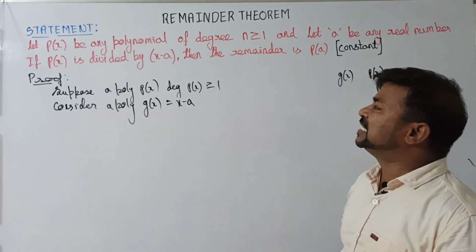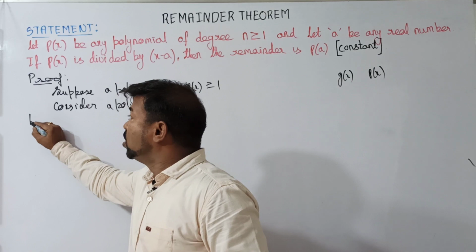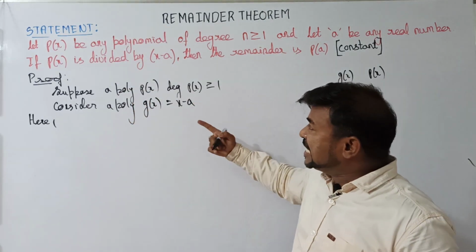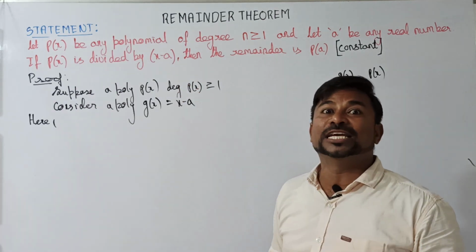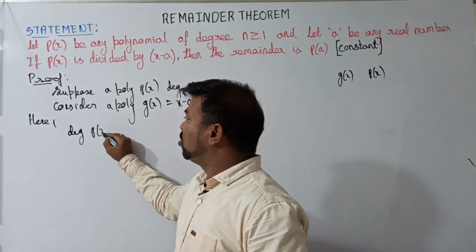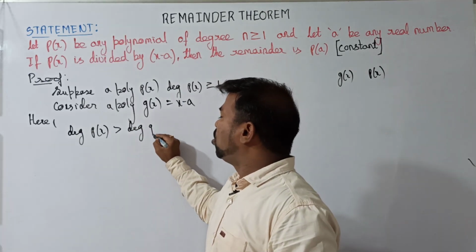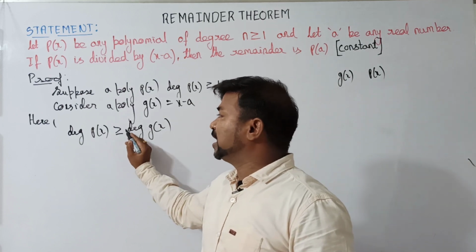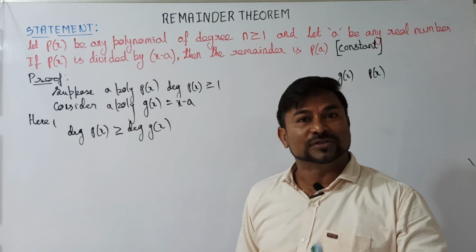As we have considered g of x equal to x minus a, the main concept is that the degree of p of x should always be greater than the degree of g of x. It may be equal also, so the degree of p of x is greater than or equal to the degree of g of x.